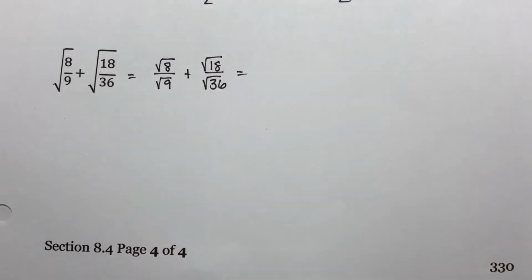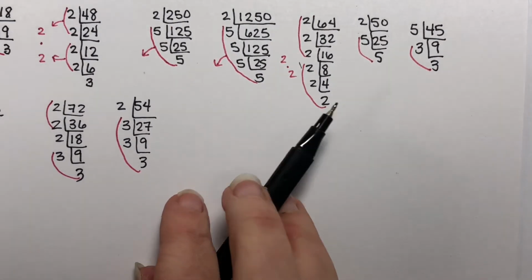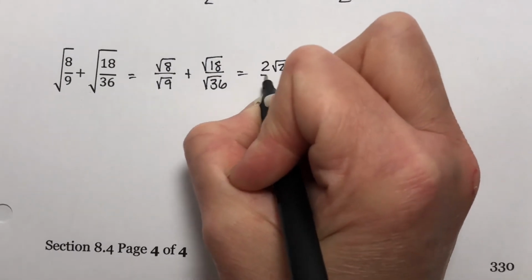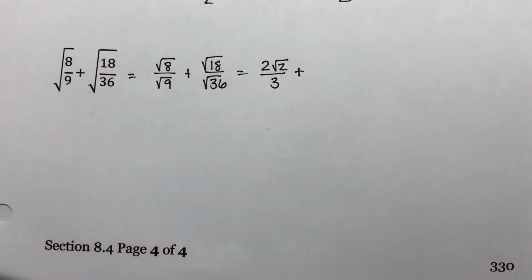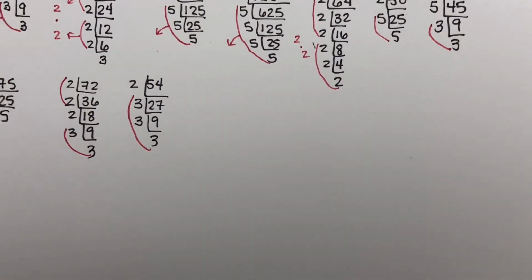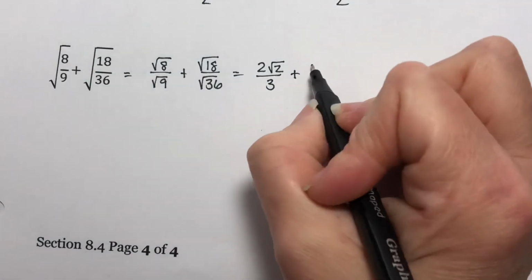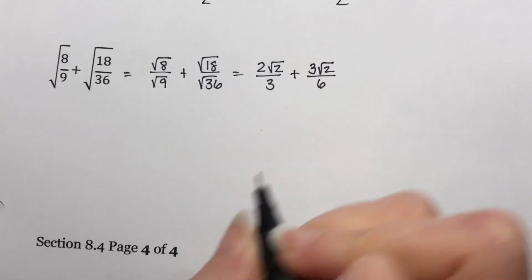The square root of 8 is 2 times the square root of 2 over the square root of 9, which is 3, plus the square root of 18, which is 3 times the square root of 2. And the square root of 36 is 6.